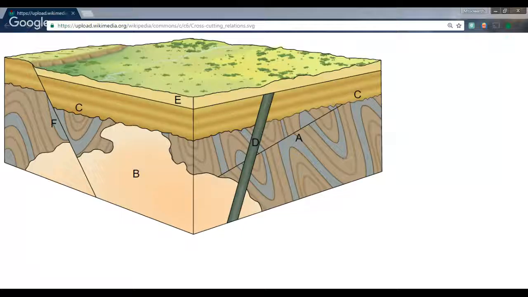The second principle we have is the law of original horizontality, which is basically a complicated way of saying that when sedimentary strata was originally put down, it lays down horizontally.